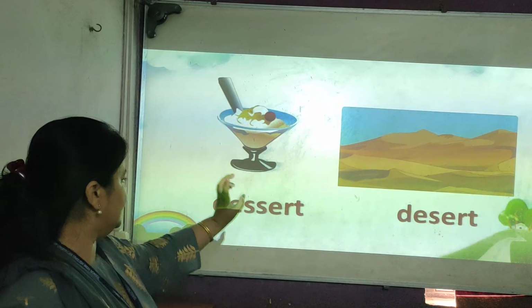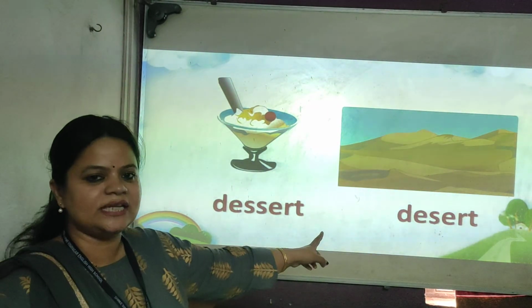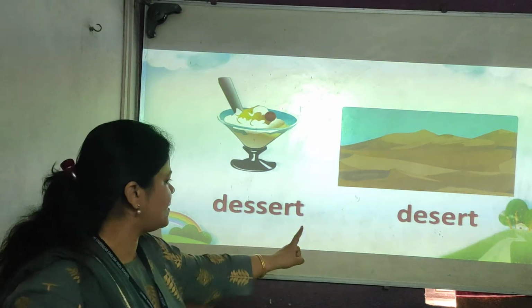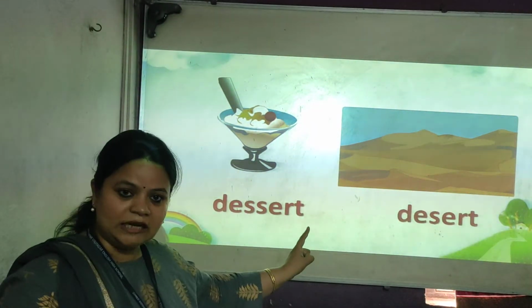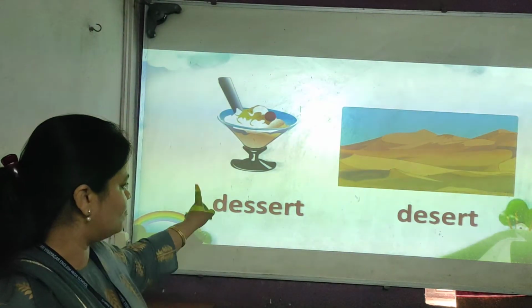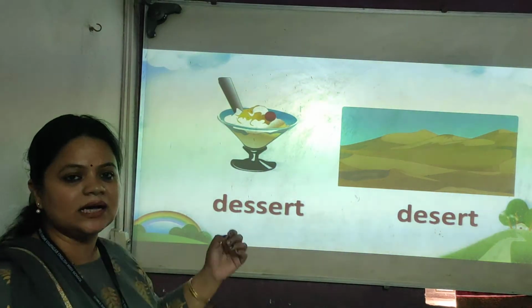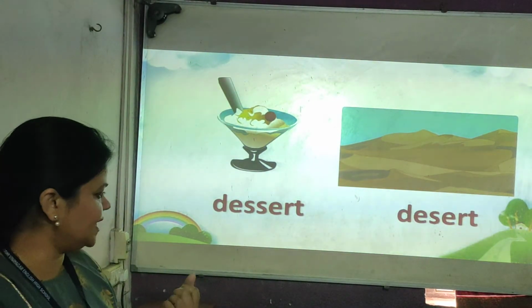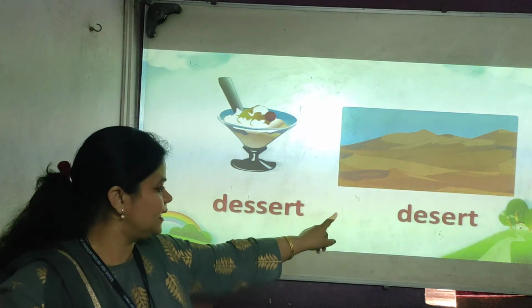Can you see here, in dessert, double S is there. In desert, only single S is there. So both spellings are different, but when you read both words, they sound the same, and both have different meanings. This dessert means it's a sweet dish, yes, whereas desert means it's a sandy place.